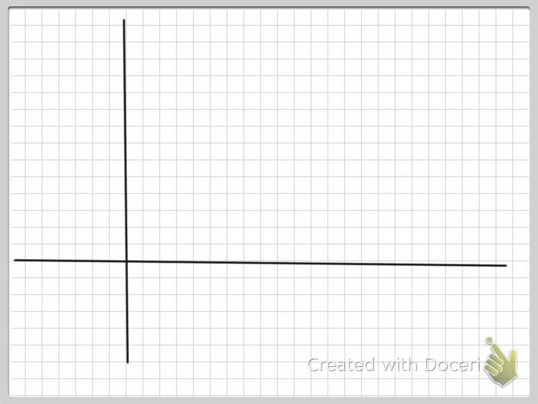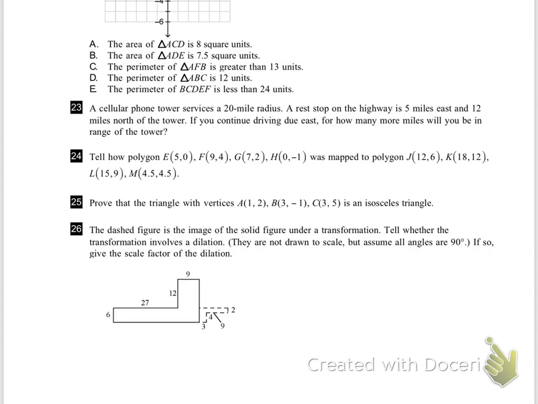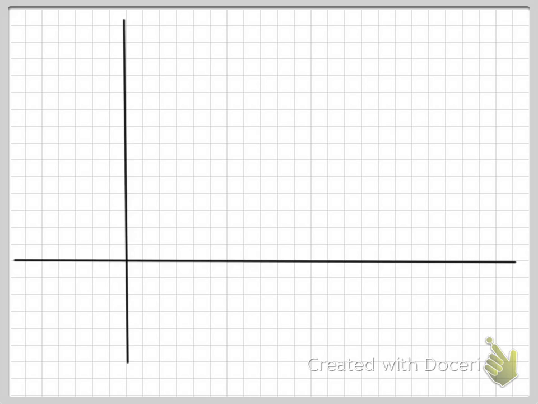We're going to say that the cell phone tower is at the origin. Okay? And the rest stop is 5 miles east and 12 miles north of the tower. So 5, 10, 12, right there.